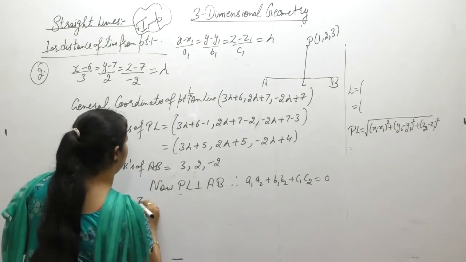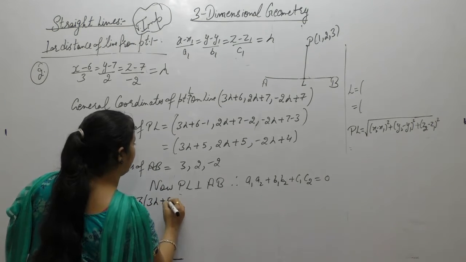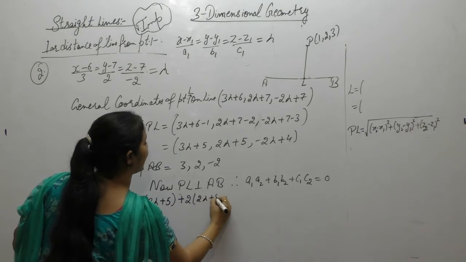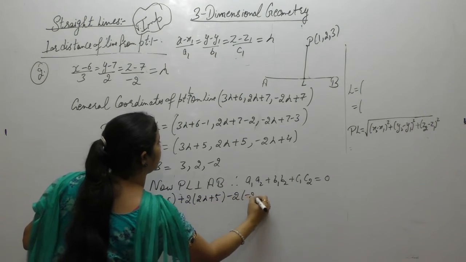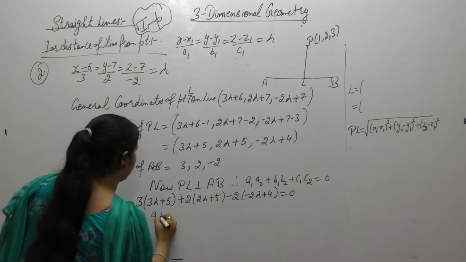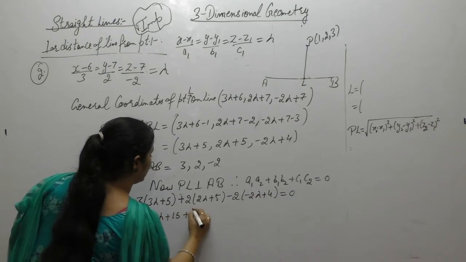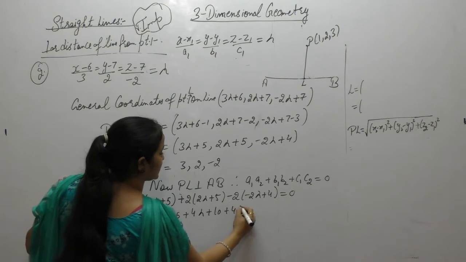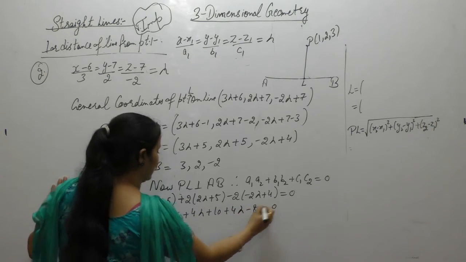Put the values: 3 into 3 lambda plus 5, 2 into 2 lambda plus 5, minus 2 into minus 2 lambda plus 4.